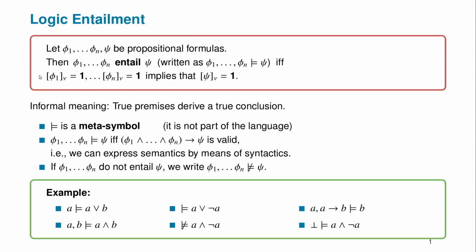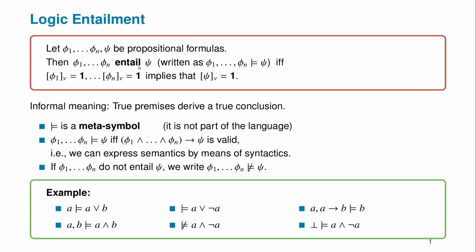So when we have a satisfying assignment for phi 1 to phi n, then this satisfying assignment is also a satisfying assignment of psi. Then we say that phi 1 to phi n entail the formula psi.